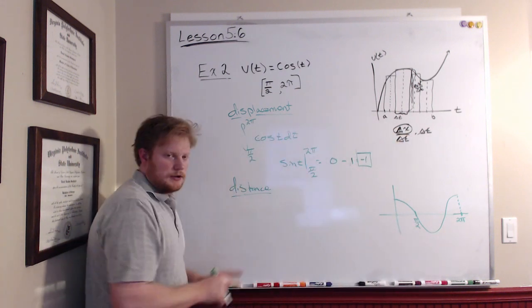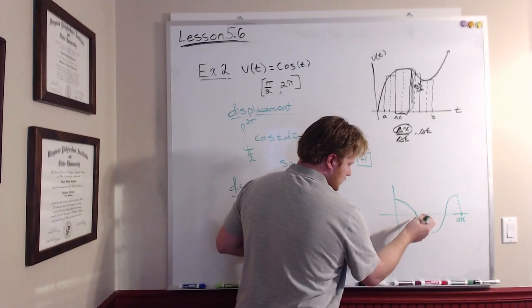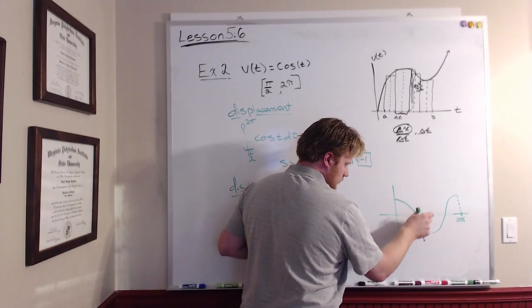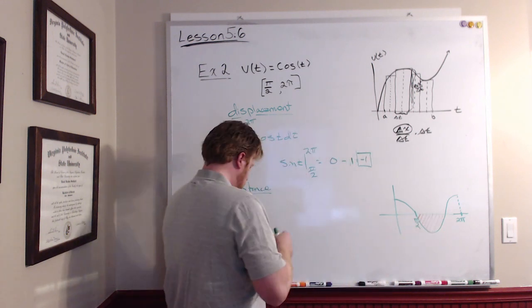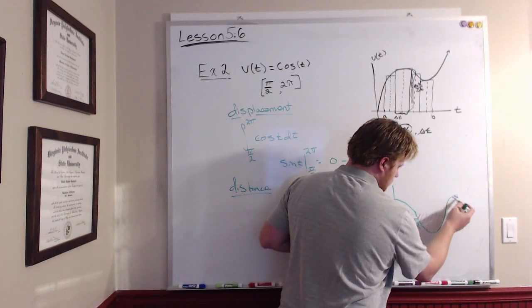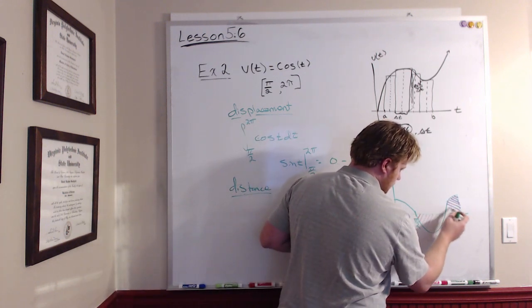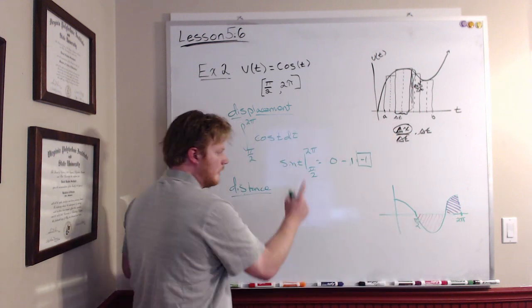So when I integrated, I found this negative area and added it to this positive area and got -1.